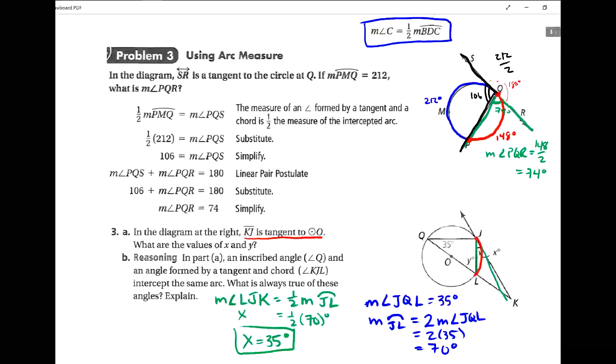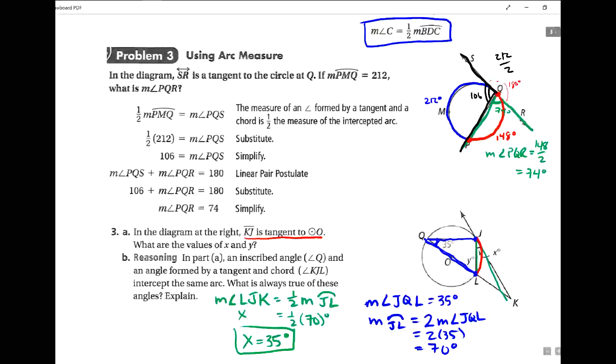Well, is there any way to find the measure of arc JL? Well, by golly, yes, there is. I have an inscribed angle right here, angle JQL, and I know that its measure is 35 degrees. I also know that it intercepts arc JL. And so the measure of arc JL is 2 times that, because an inscribed angle is half of the intercepted arc.